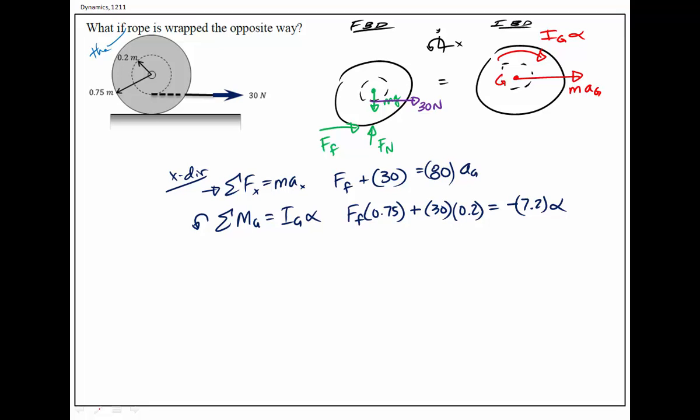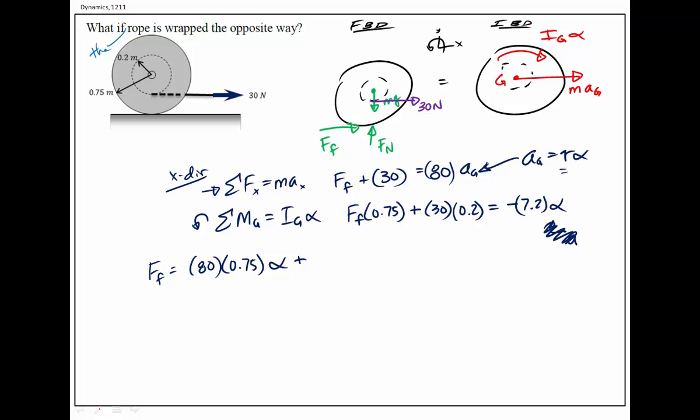So as we go through here, we're going to replace AG with R alpha. Okay, so we say that the friction force is equal to 80 times 0.75, that's the R, times alpha, should be plus 30, I believe, right? Plus 30?